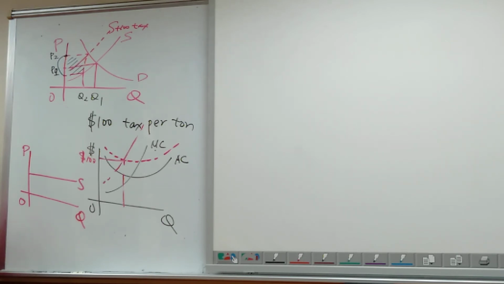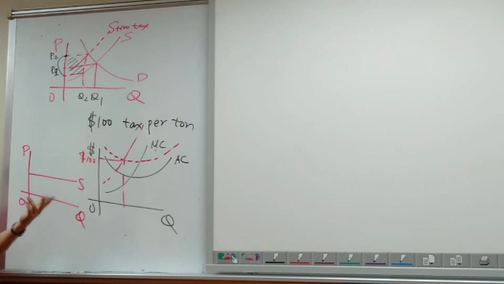The one with higher elasticity pays less tax, and the one with lower elasticity has to pay a higher tax.